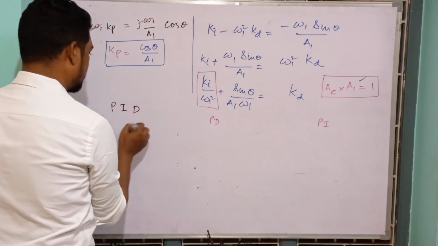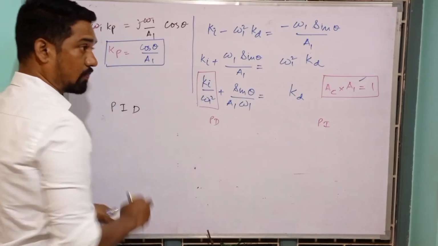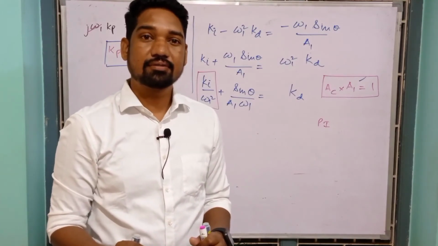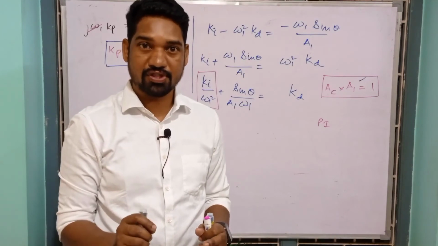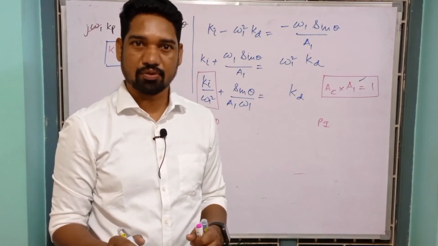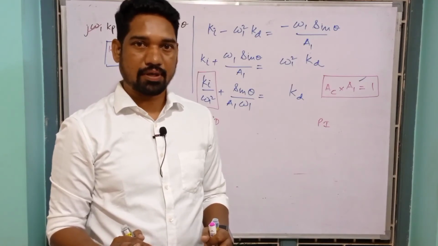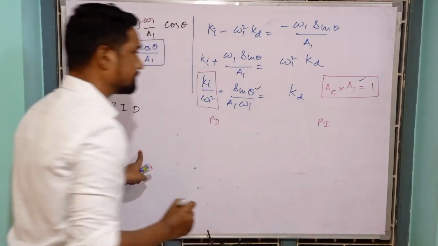And guys, if you want to have a PID controller, which involves proportional kp, ki and kd, what the expert suggests is, in the question itself you will be provided with omega 1. You have to find the value of omega equal to omega 1. It will be specified. Okay, and the important point is how to evaluate the value of theta.